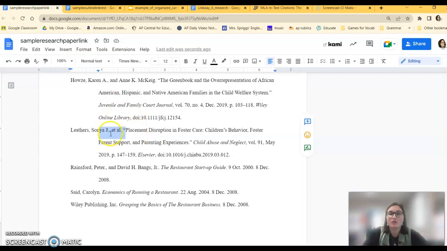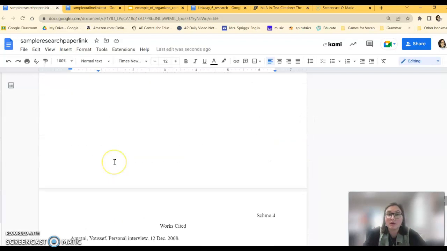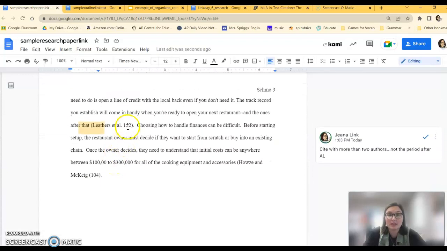Okay, and et al is just an easy way to kind of condense that. All right. In my paper, when I'm citing the source, MLA 8 tells us that it would look like this. Okay. Leathers et al. Period, space, page number. All right, and so there is that.